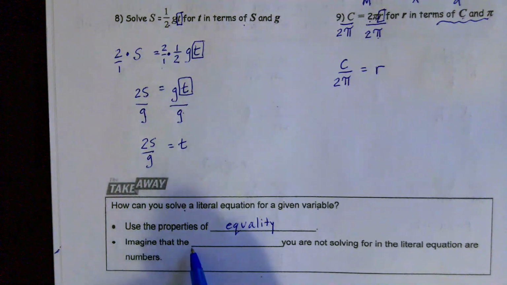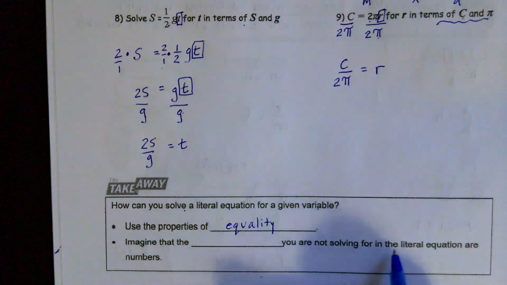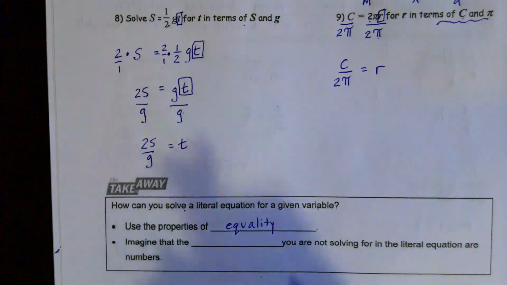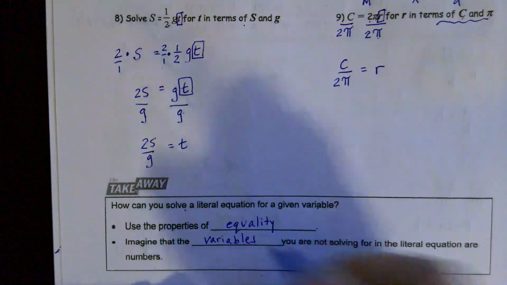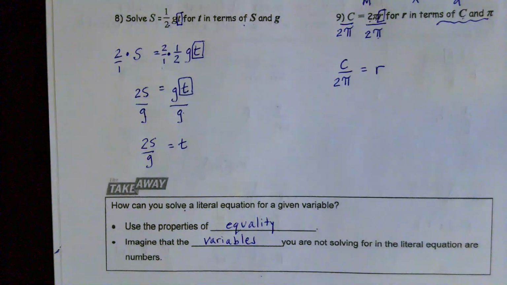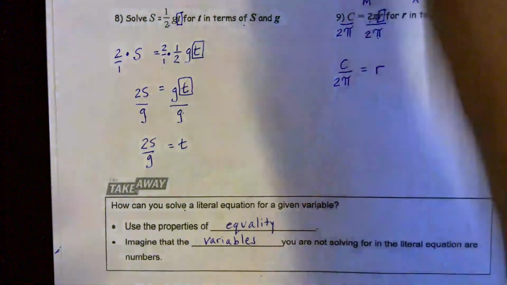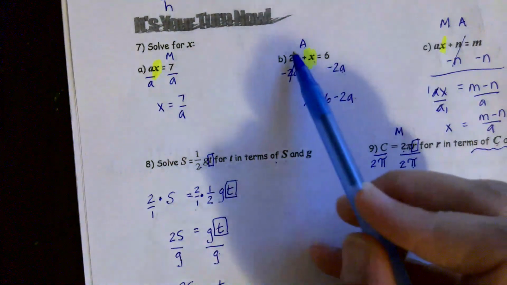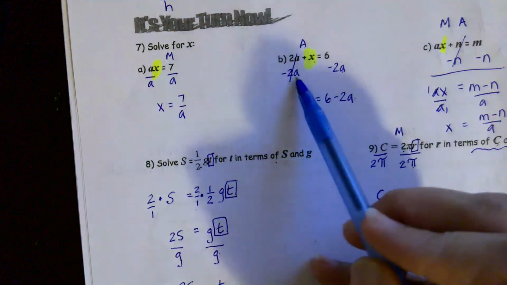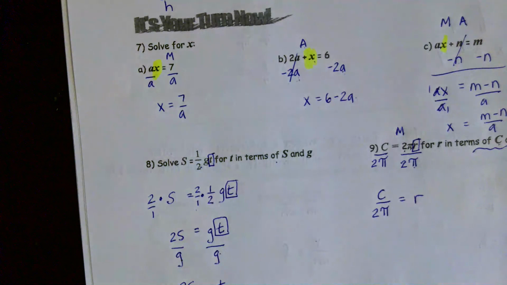And then imagine that the variables you are not solving for in a literal equation are actually numbers. Think about it. We're not solving for a here. But remember, if I'm going to add something, the opposite of it would be subtracting.